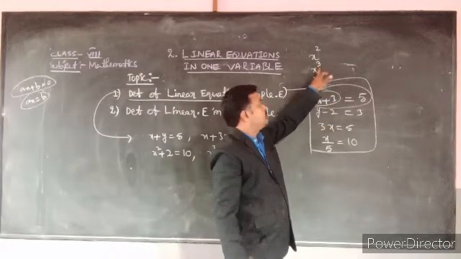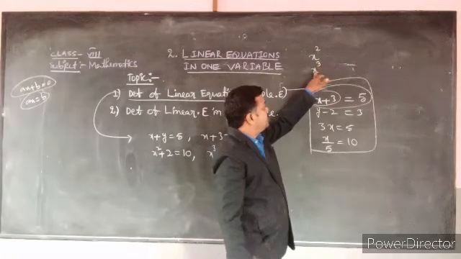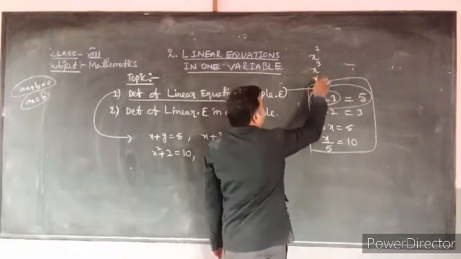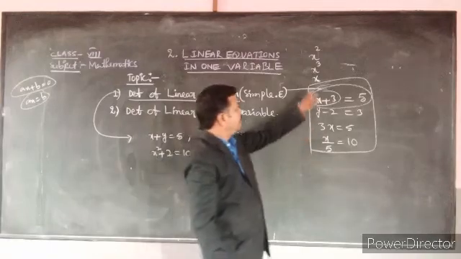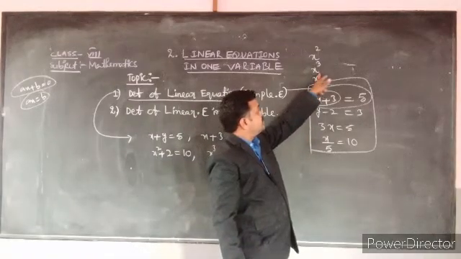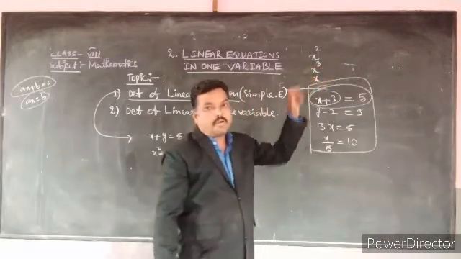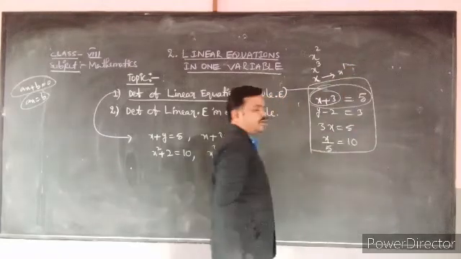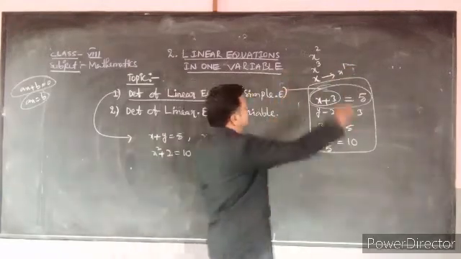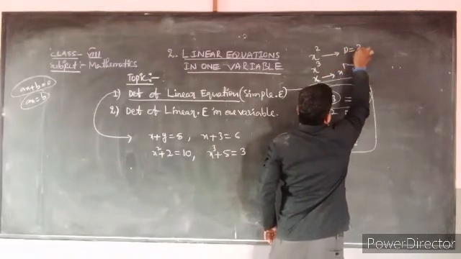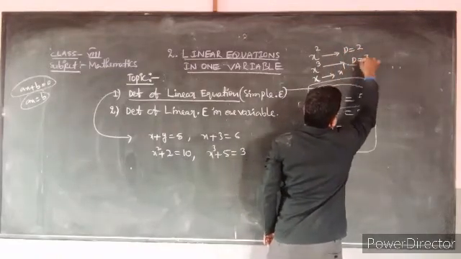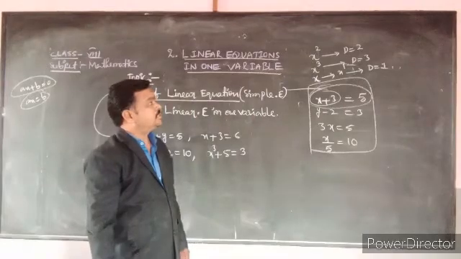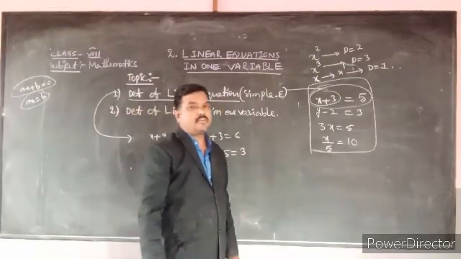In x cube, or x to the power of 3, x is the base, 3 is the power or degree. Here only x is given. Only x is given means the power or degree is 1. We can write this as x to the power of 1 also. In these 3 examples, in the first example the degree is 2, in the second example the degree is 3, in the third example the degree is 1. These powers indicate the degrees of the given variables.